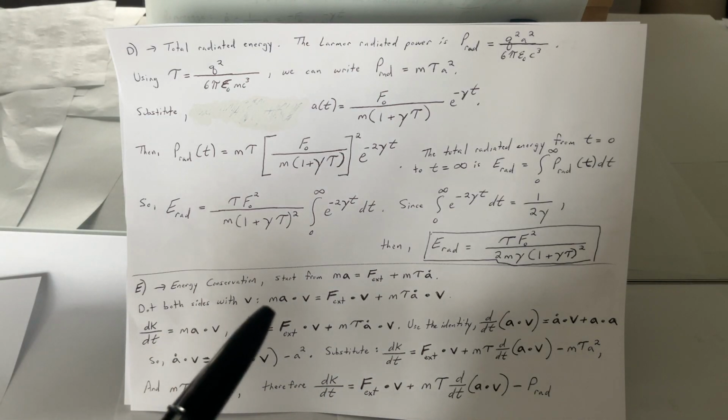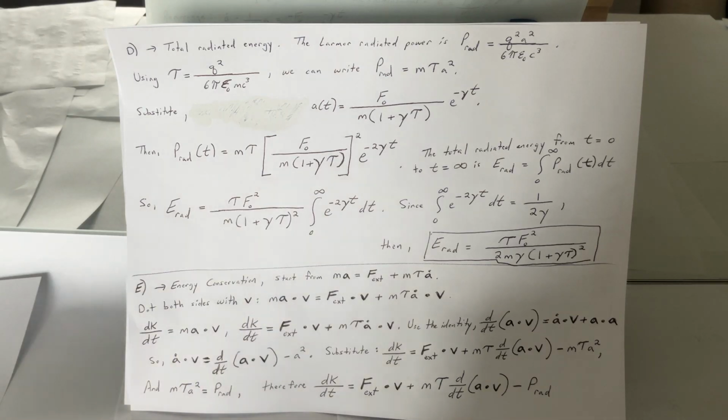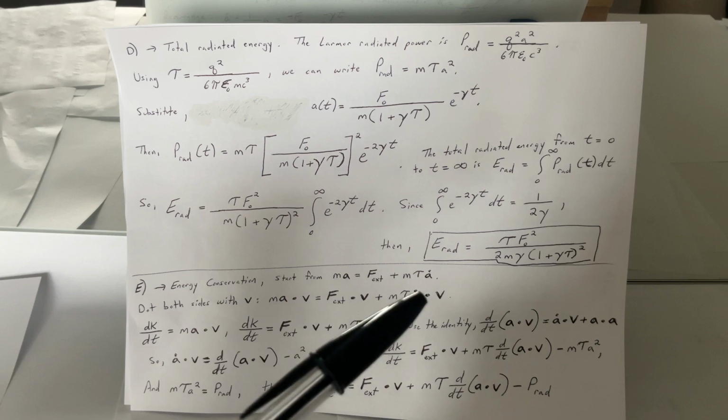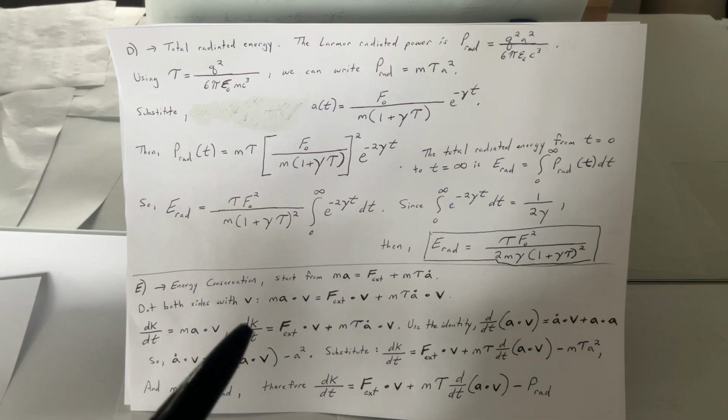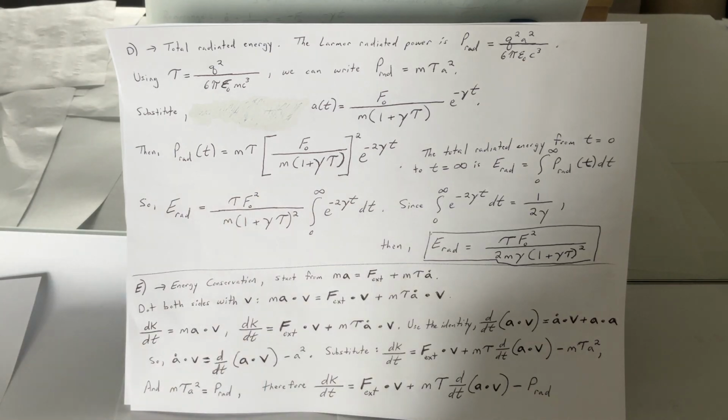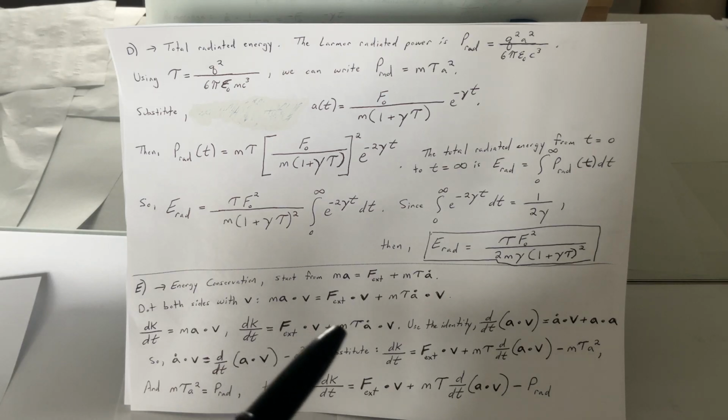Dot both sides with v: m a dot v equals F_ext dot v plus m tau a dot dot v. The derivative of K with respect to t equals m a dot v, so dK/dt equals F_ext dot v plus m tau a dot dot v.